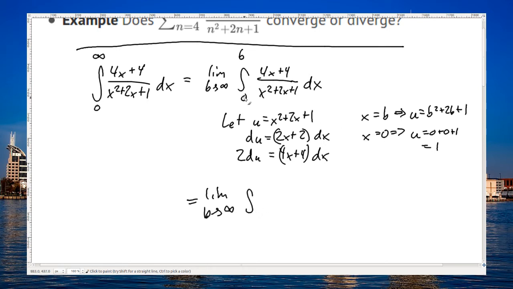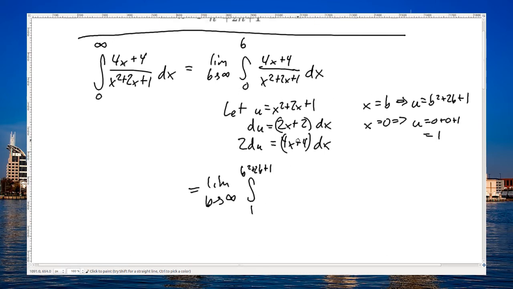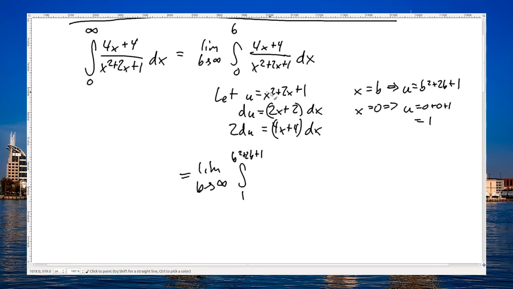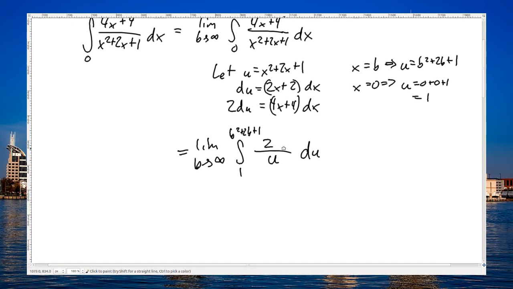On the bottom, my 0 became a 1. On the top, my b became a b squared plus 2b plus 1. All right, let's see what else needs to change here. The 4x plus 4 dx becomes 2 du, and the denominator becomes just a u.